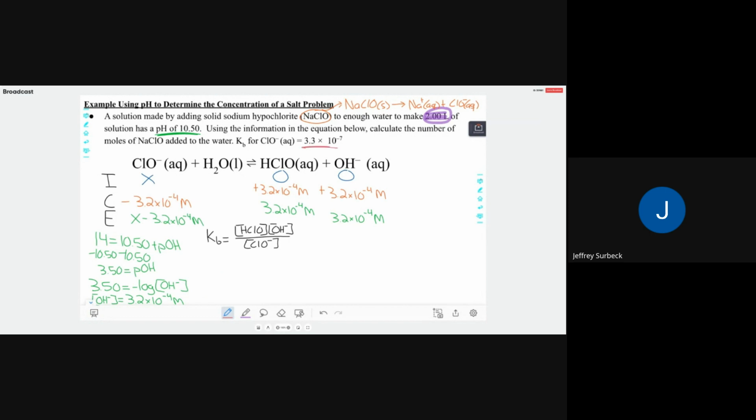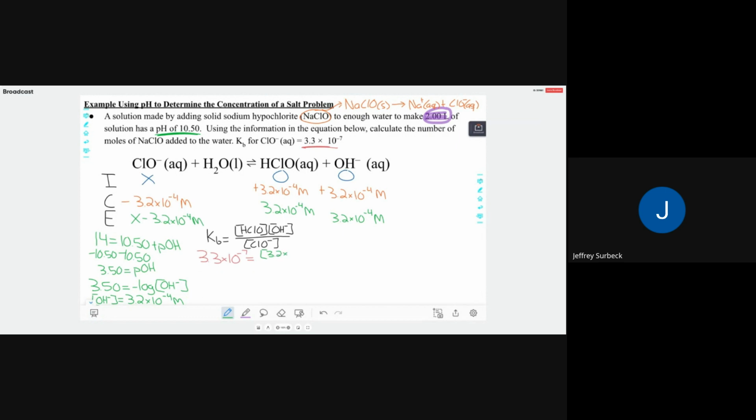So we start out with our KB that's given at the top of the problem, and we have 3.3 times 10 to the negative seventh equals our value for both HClO and OH minus, which I'm going to write down twice. If you just want to put it in as square, that's fine too.